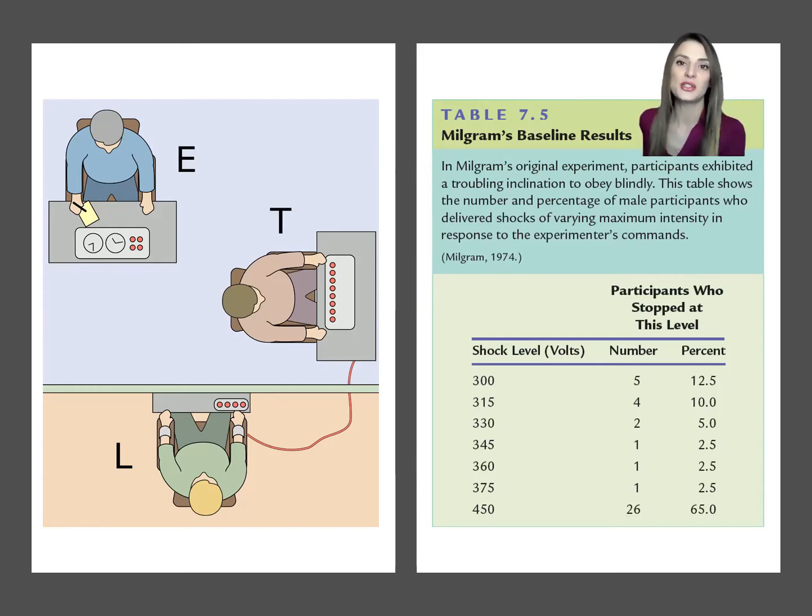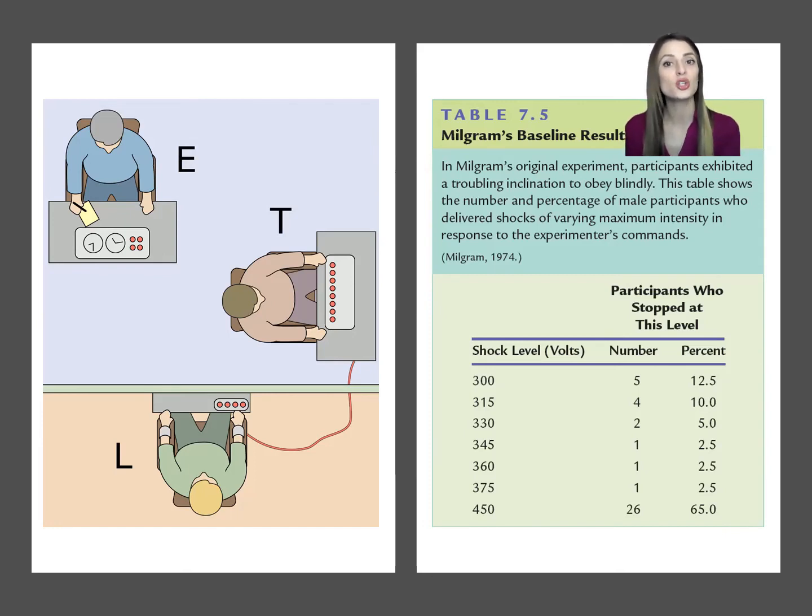In follow-up studies, when the experimenter did not wear a white coat, the results did not look as sad as they look here. People did not go as far as they did in the initial study. When he made the experimenter look less authoritative, less powerful, the results again changed. They were in the more positive direction.